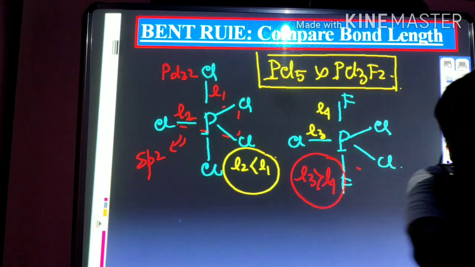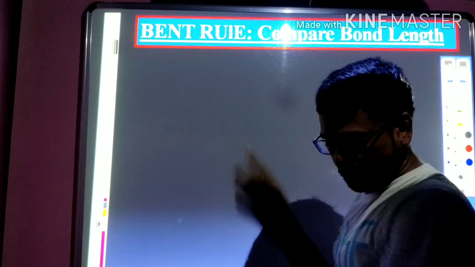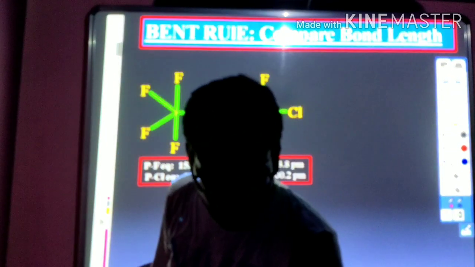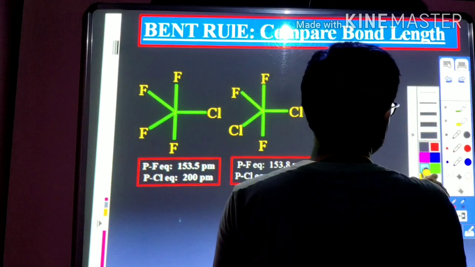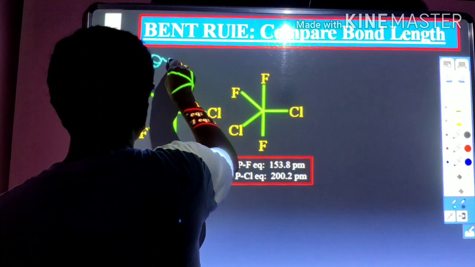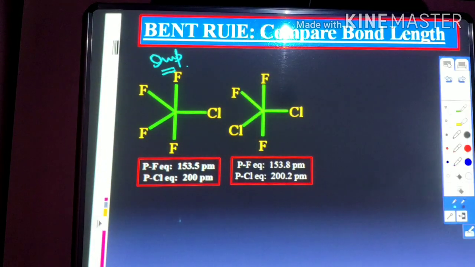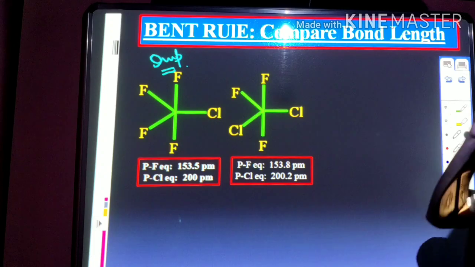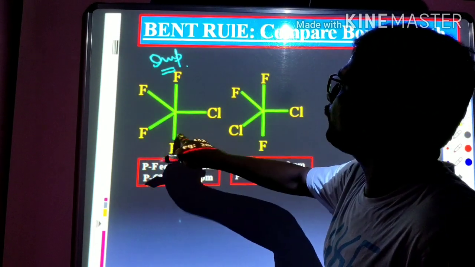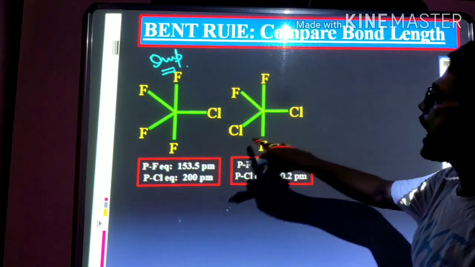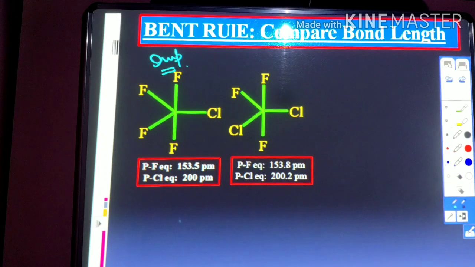Okay. Now next, move to this one. This example is very interesting. Sometimes you will be very confused comparing the bond length here in PF4Cl and PF3Cl2, the axial bond and equatorial bond.